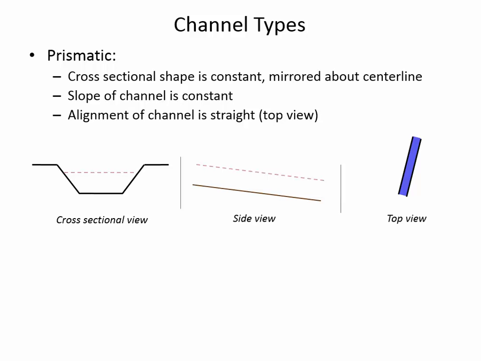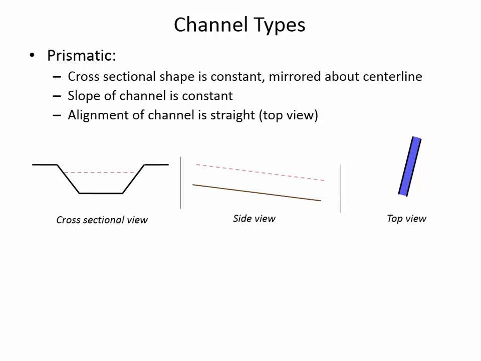Those are the most common. A prismatic channel in side view means that the slope is constant. This brown line is the ground slope, and the red dashed line is the water surface. Since we have a regular slope of the channel, the water slope is also regular, and they happen to be parallel in a prismatic channel.